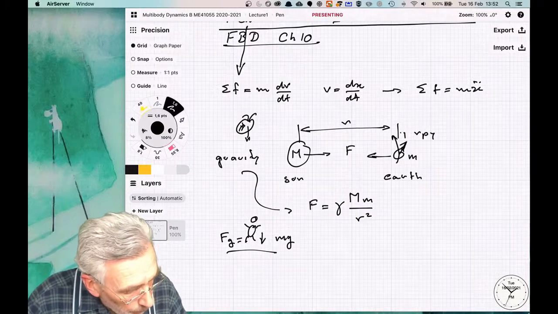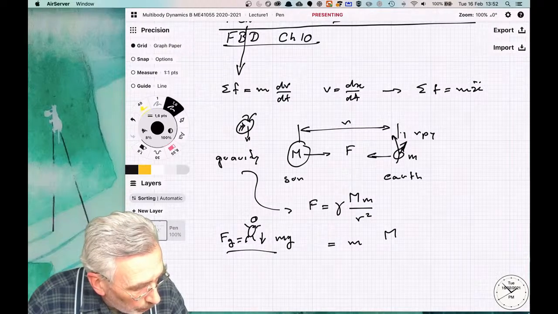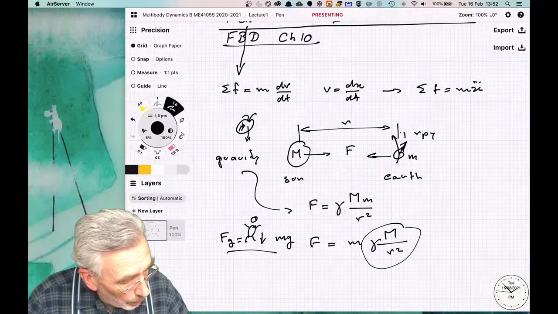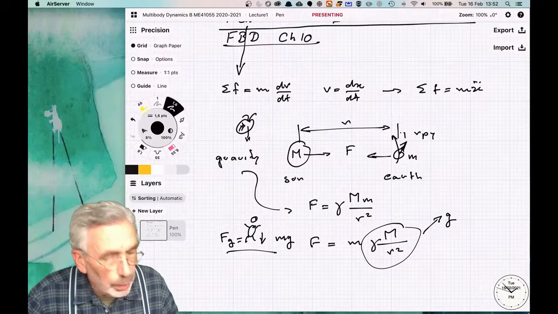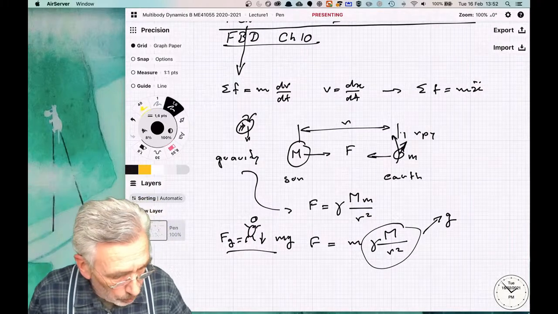If you compare that with this, and pull out our own mass, then we are left with capital M gamma over r squared. So apparently this is what we call the acceleration of gravity. You can check the numbers and that sort of works.